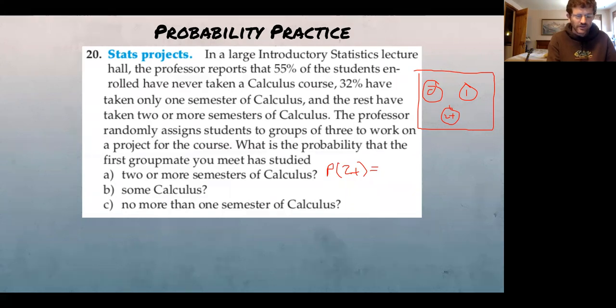So if I just subtract 55 and 32% from 100%, I'll get my answer. You can show the math. 1.00 minus 0.55 minus 0.32. I'm not going to get as fancy with the probability notation on this one because we get, what is that, 0.13.